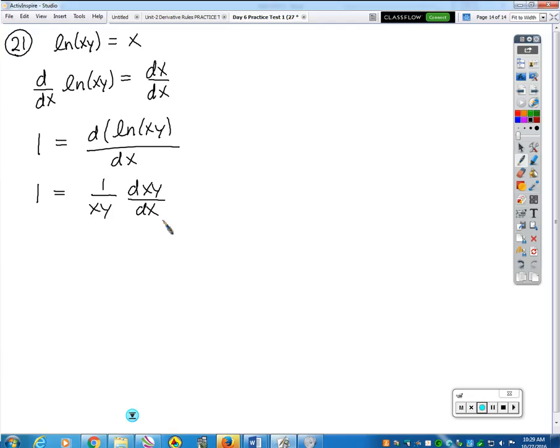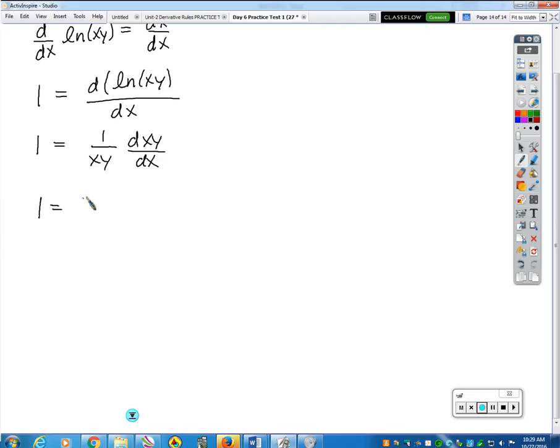Ellie. 1 equals 1 over xy multiplied by 0 dx is 1 multiplied by dy. Okay, I'm going to give Ellie 3 for showing a really good trap. 4 actually. She's always had 4.